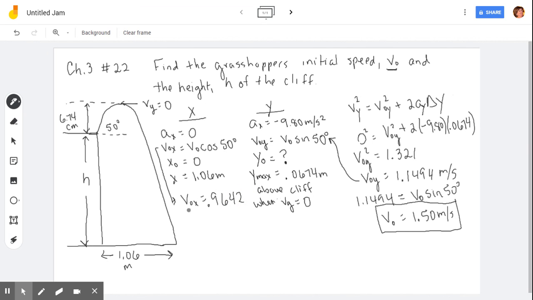So if I use the fact that horizontally we're going at this constant speed, I can use distance equals rate times time. 1.06 equals 0.9642 times t. All I have to do is divide.